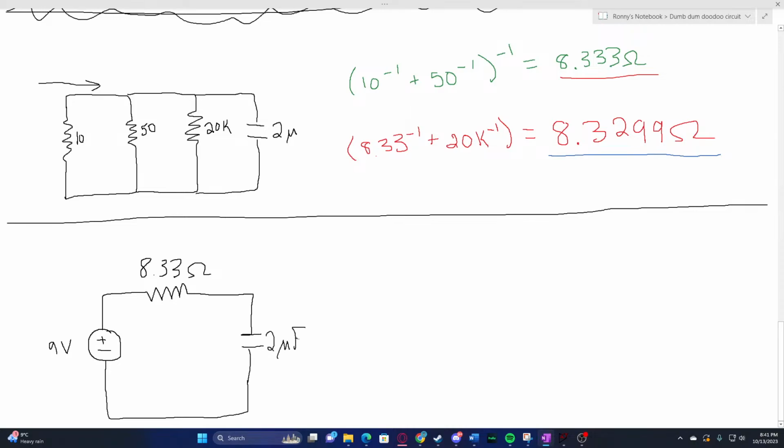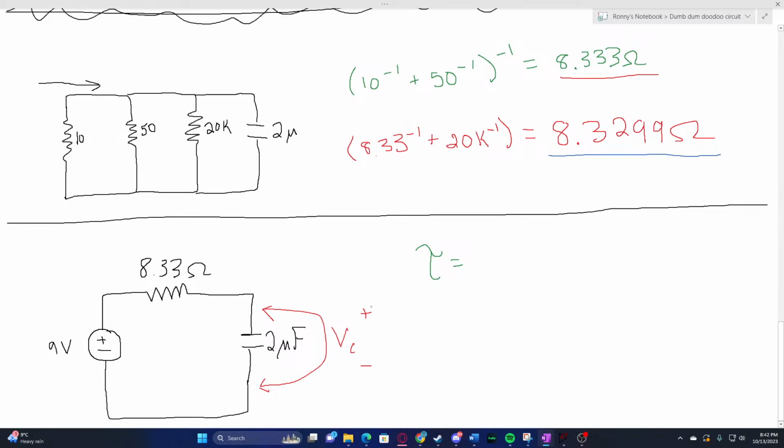Two microfarads. The voltage across this capacitor is going to charge at a rate based on its time constant, which is going to be the resistance it sees relative to itself.